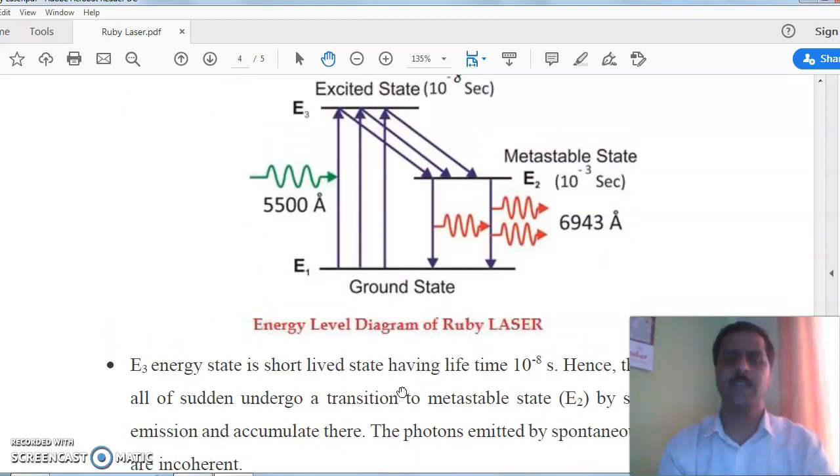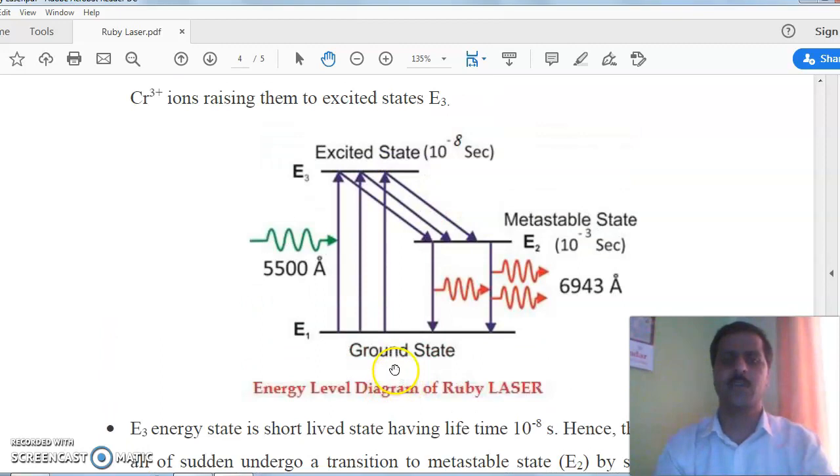Again I repeat, the chromium ions are responsible for this laser transition. The chromium ions in the ground state go to the excited state, having lifetime 10⁻⁸. After that, they spontaneously emit radiation and go to the metastable state, lifetime 10⁻³, and stay there for a longer time.